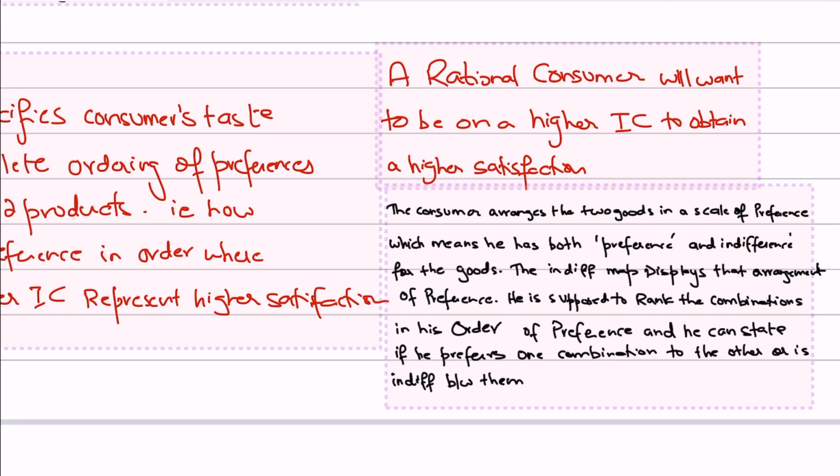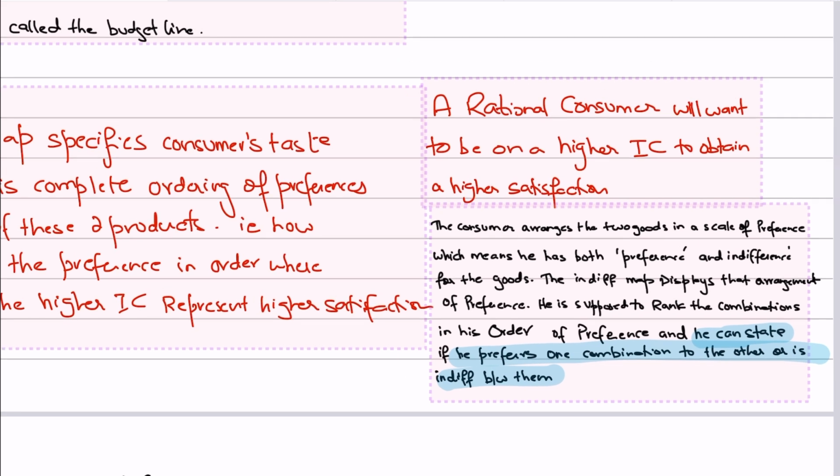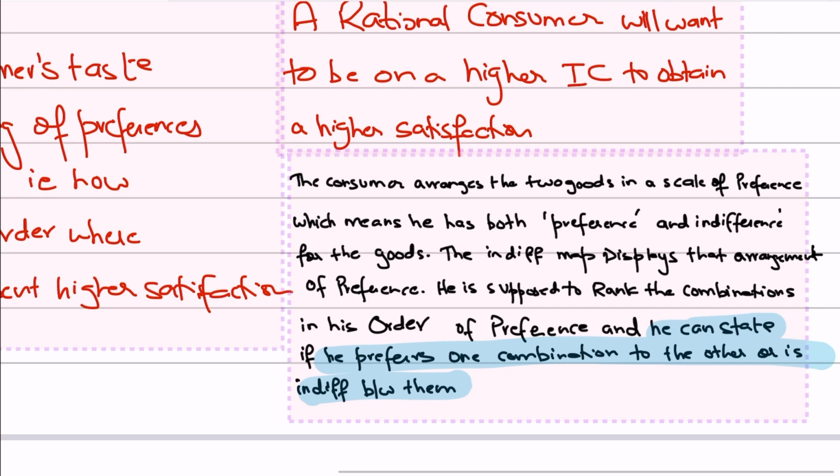It's basically the consumer is ranking the combinations in the order of preference, and he can state ये जो बात लिखी है ना कि he can state if he prefers one combination to another or is indifferent between them. ये उसकी preference hypothesis है basically. ये consumer उसको rank कर सकता है. He knows के he prefers this over this or is indifferent between them, right? And he can rank it in the order of preference basically.